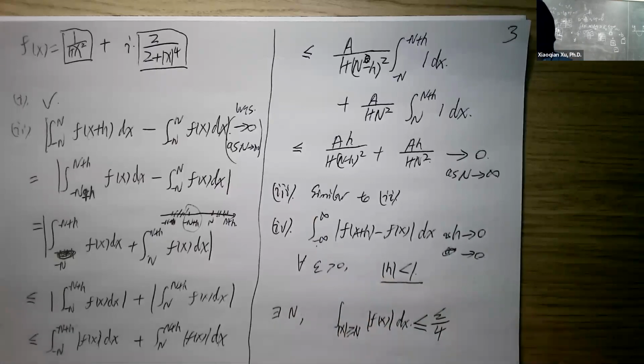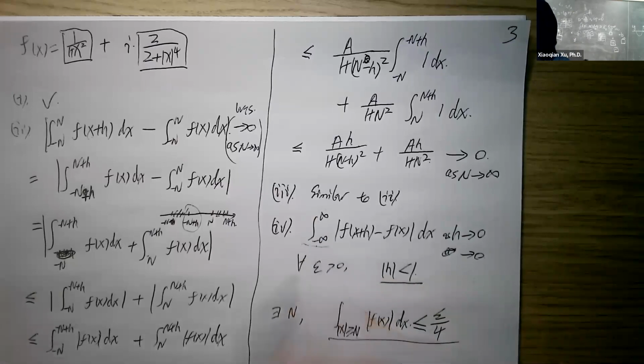Okay, so you can see that this kind of integral can always be decomposed into two parts. One part is this integral which is very close to infinity. And another part is this integral which is not very close to infinity, which is something bounded.